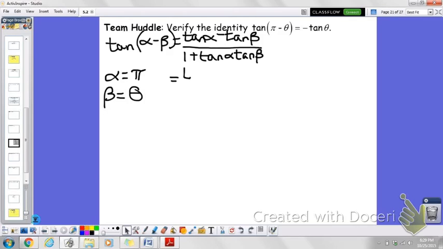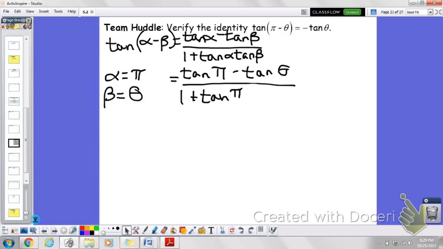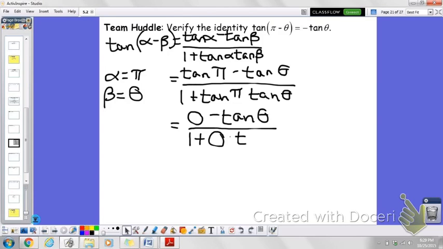So we will have the tangent of pi minus the tangent of theta over 1 plus the tangent of pi times the tangent of theta. Now let's do some simplifying. The tangent of pi is just 0. So we have 0 minus the tangent of theta over 1 plus tangent of pi is 0, so we have 0 times the tangent of theta.